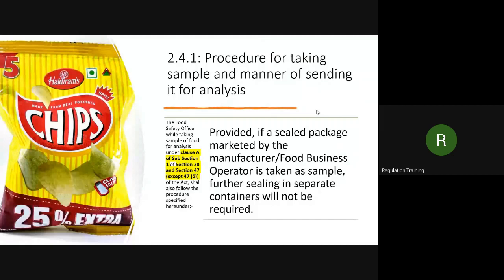The provision says: if a sealed package marketed by the manufacturer is taken as a sample by the food business operator, further sealing in a separate container will not be required. So any packed food does not need to be kept in some container or pouch and then sealed. It can be taken as it is.